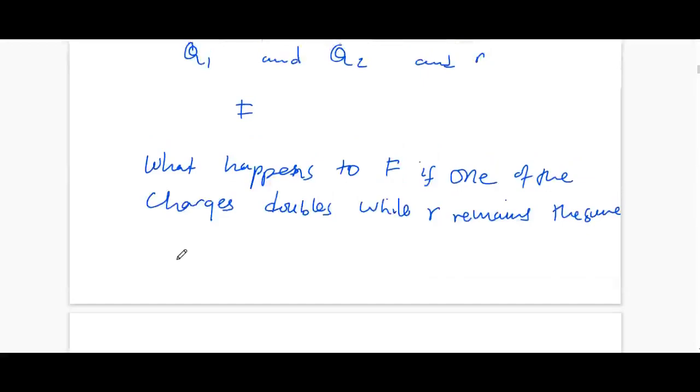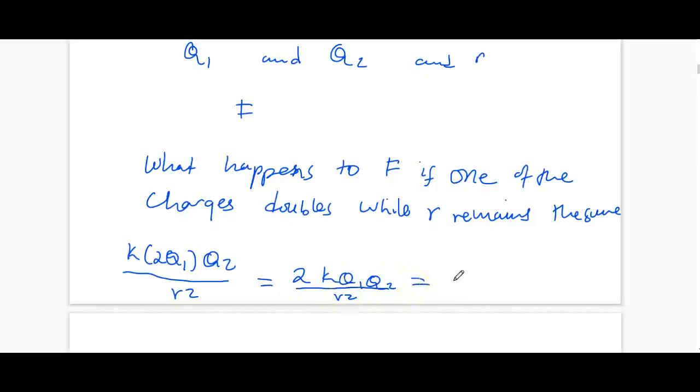So what is going to happen here? It's going to be K Q1 Q2. If one of them doubles, let's say Q2 becomes 2Q2, then I have K Q1 times 2Q2 divided by R squared. We can see that here we have a number, so I can put it in front: 2K Q1 Q2 divided by R squared.